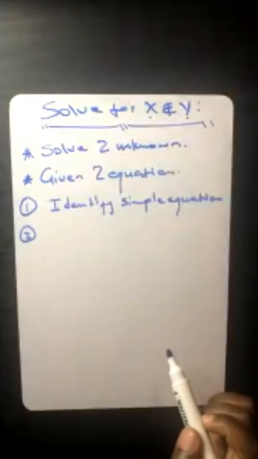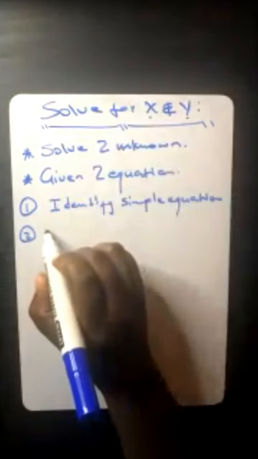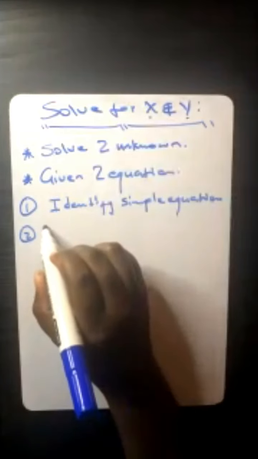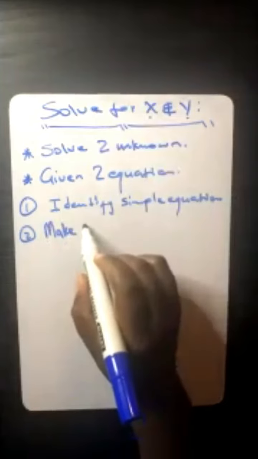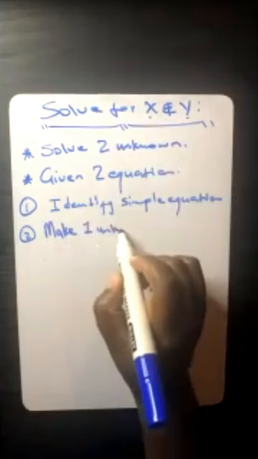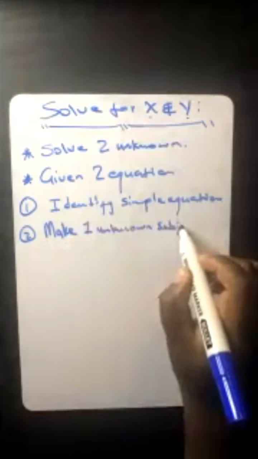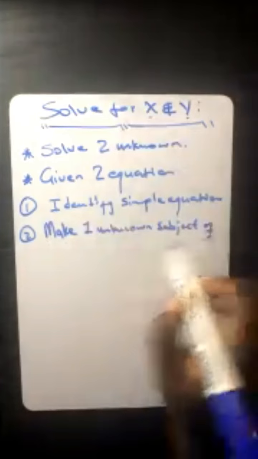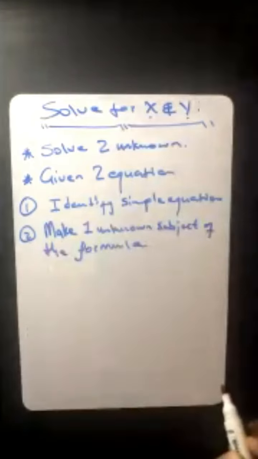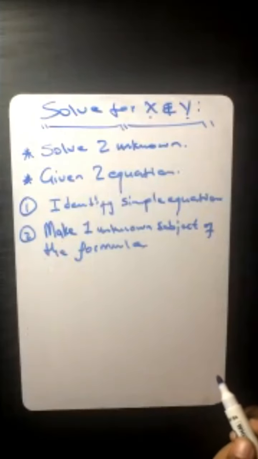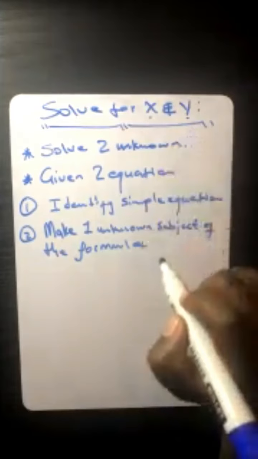Then from there, on your second step, you make one unknown the subject of the formula. The reason why I'm giving you these notes is so that even if I give you homework, you can just follow these steps.